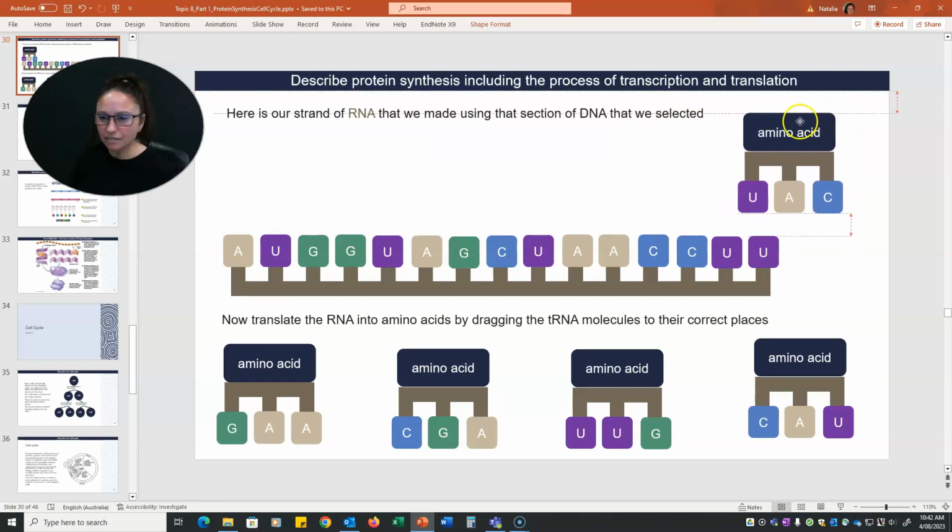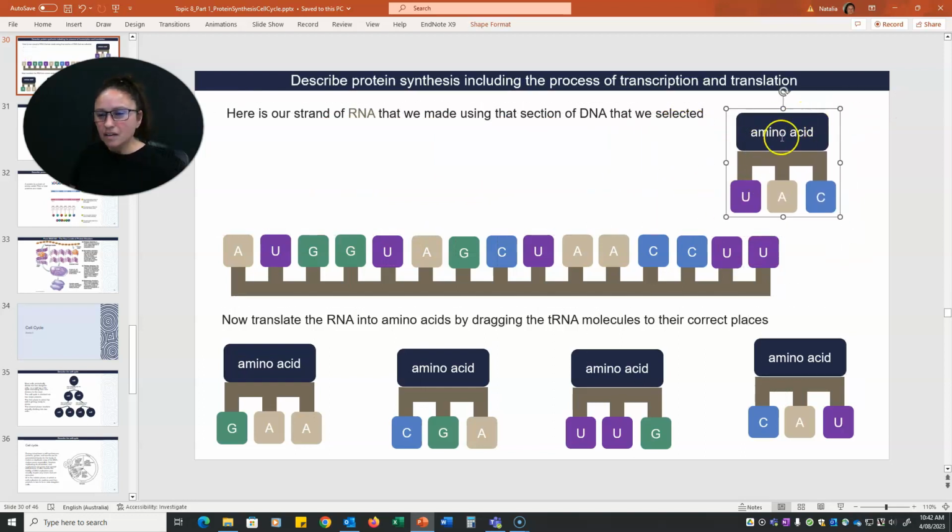See this guy? This guy is called a transfer RNA, and he is floating around in the cell, just hanging around waiting to be used.